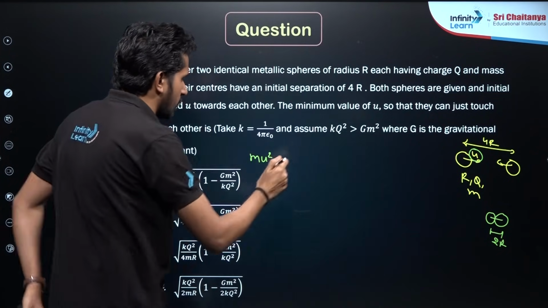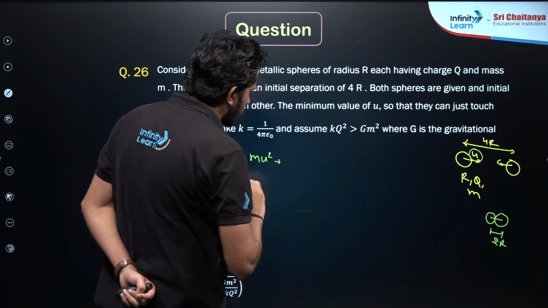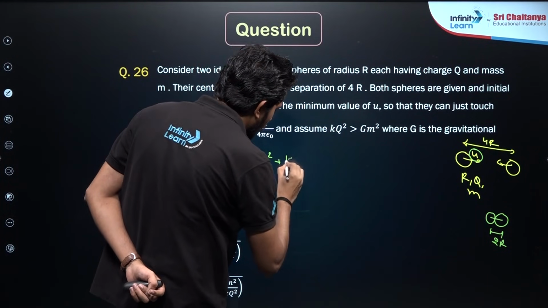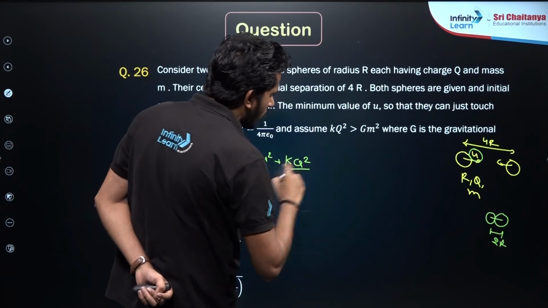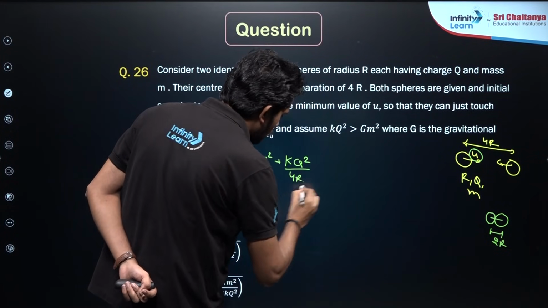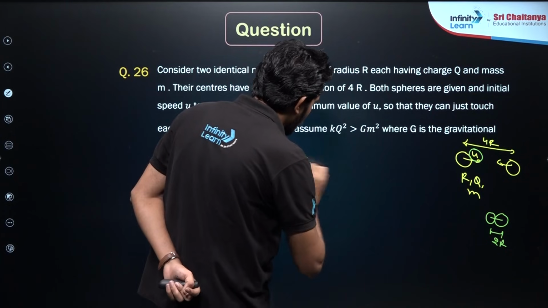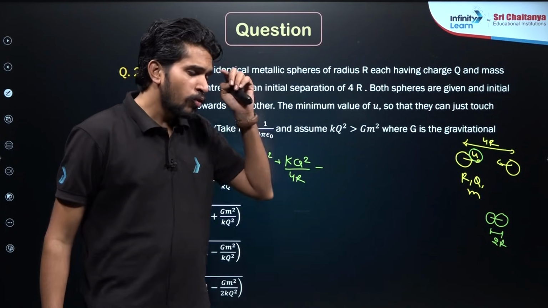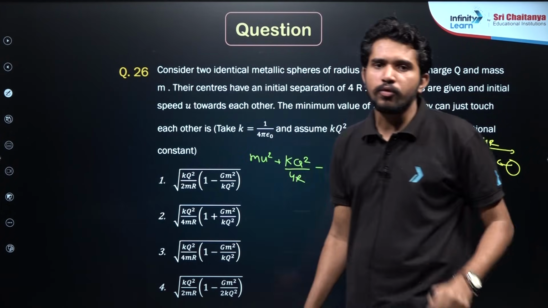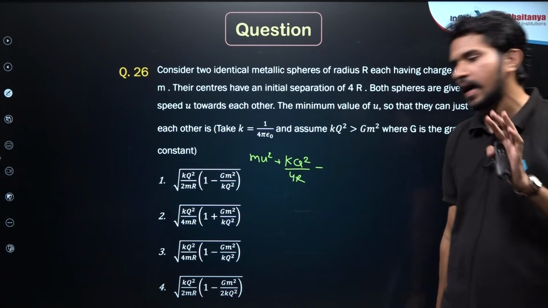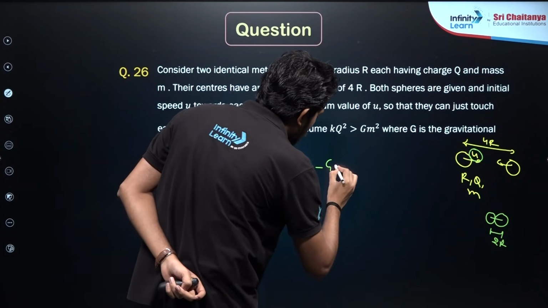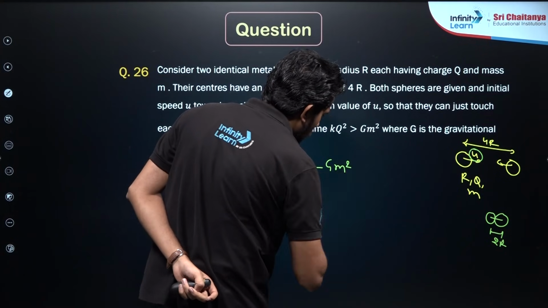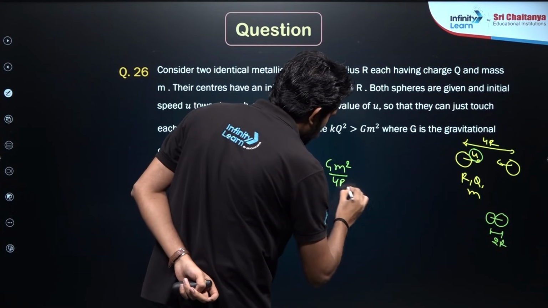First is electrostatic: the electrostatic potential energy is k q1 q2 by r, and the separation is 4r. The gravitational potential energy is minus G m1 m2 by r, so that will be minus G m square by 4r.